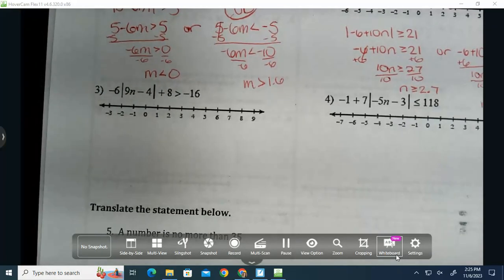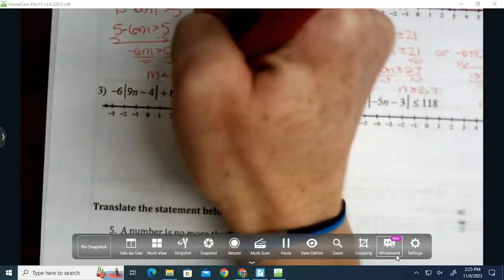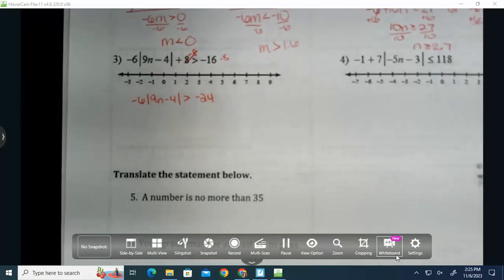What would I do on problem 3? Subtract the 8. Okay, we still have the absolute value symbols.